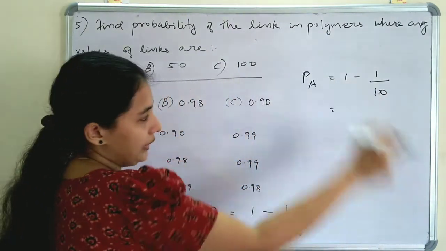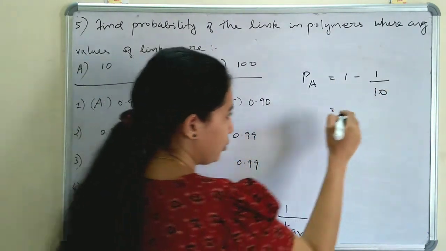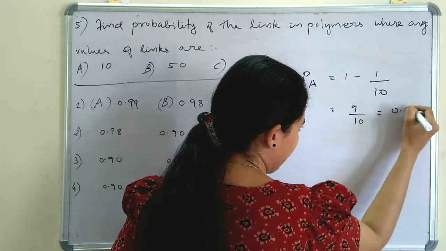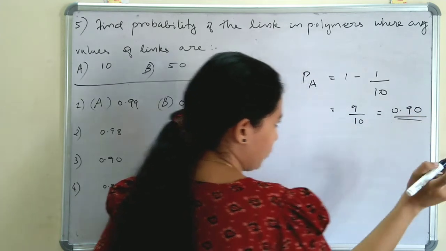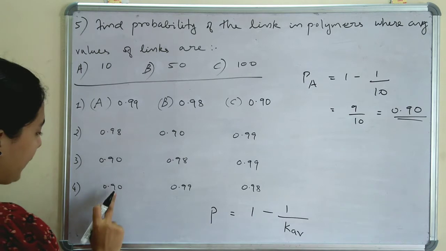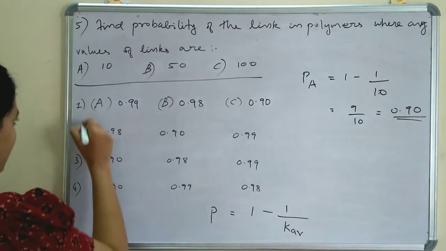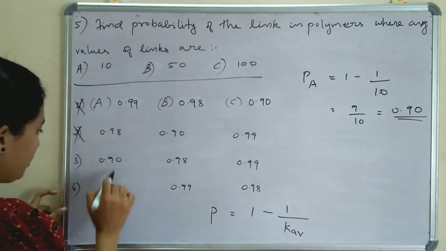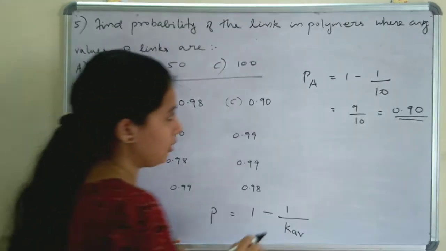So 10 minus 1 by 10, 9 by 10, which is 0.90. In the given options for A, 0.90 leaves only two options. So first option cancel, second option cancel. These are the two remaining options.